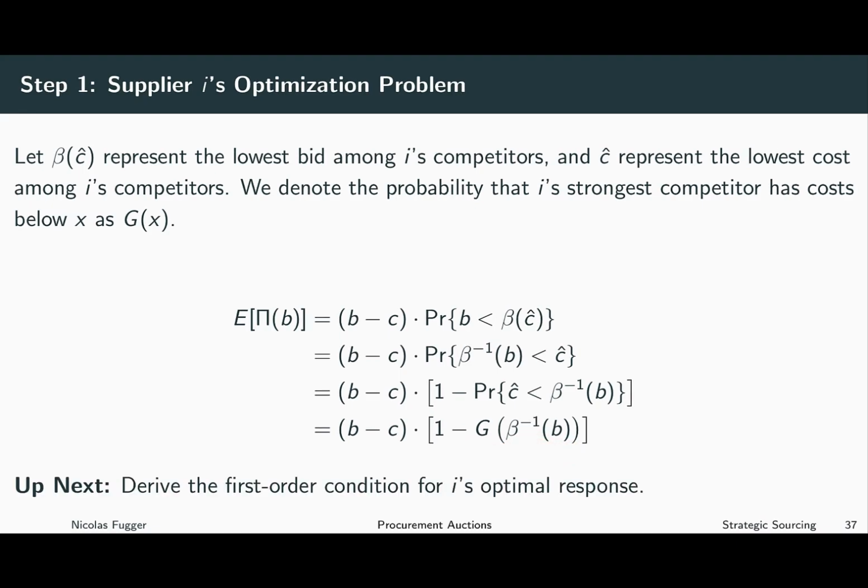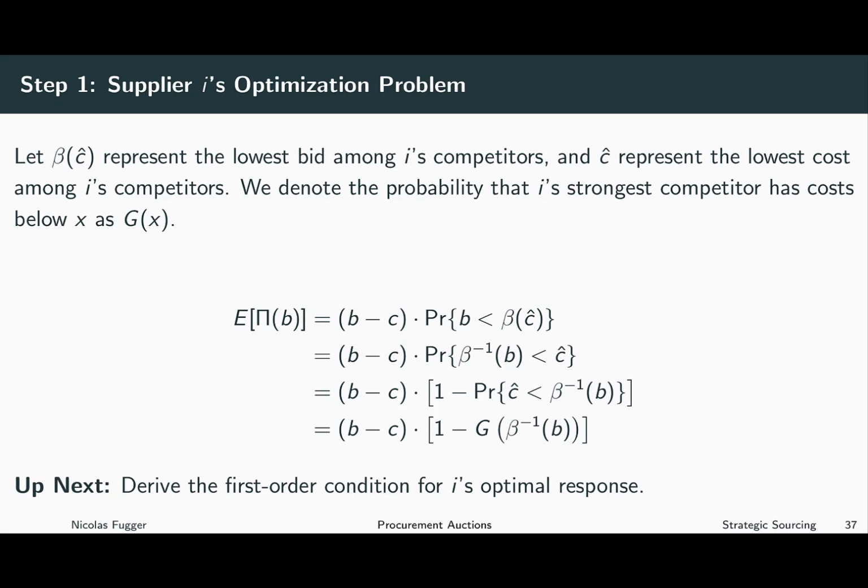Now we have defined the expected profit of supplier I, and next we want to investigate what is the optimal bid that supplier I should bid.